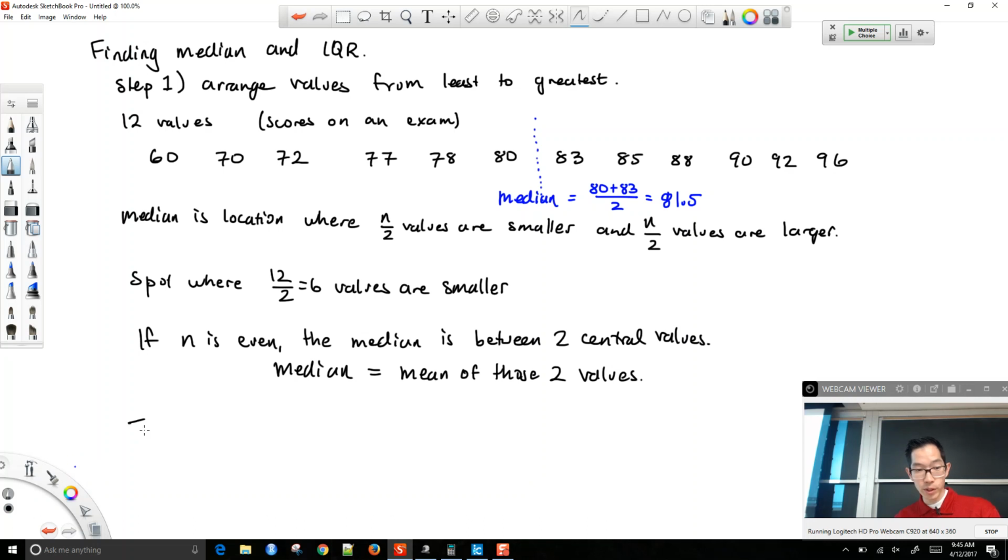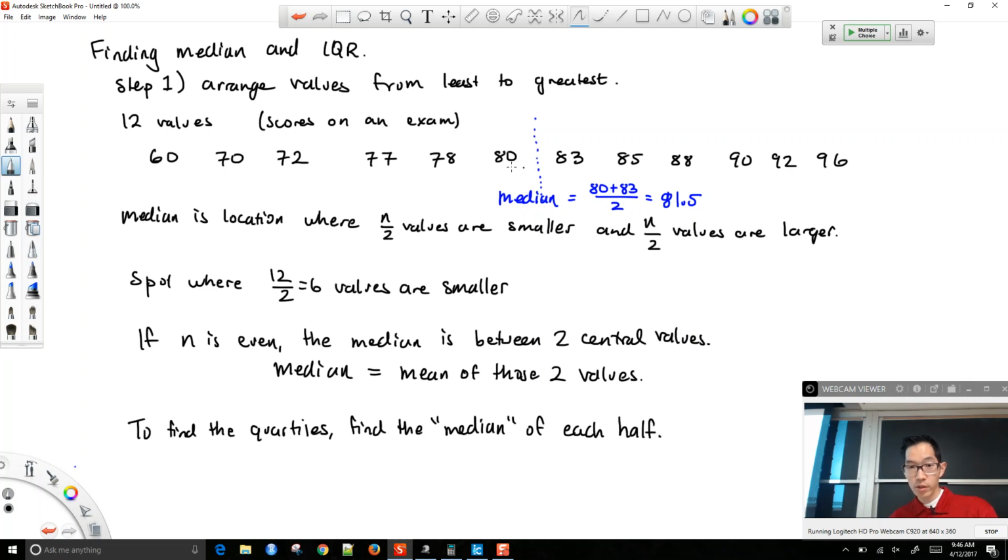So, okay, to find the quartiles, just find the median of each half, the lower half and the upper half. To find quartiles, find the, quote, median of each half.